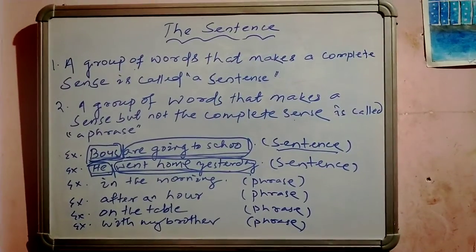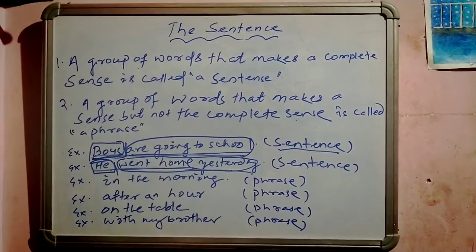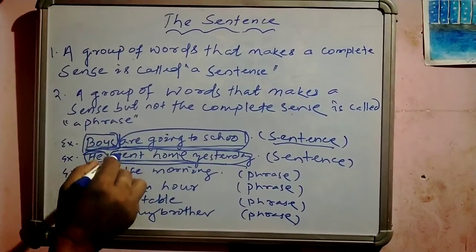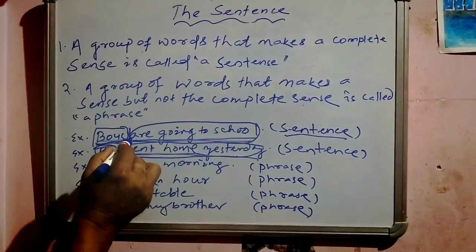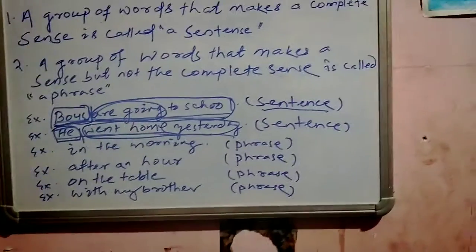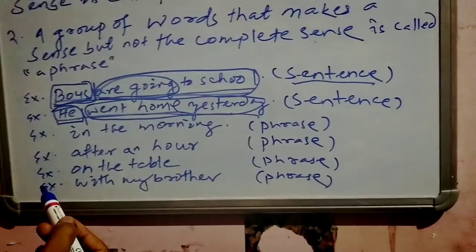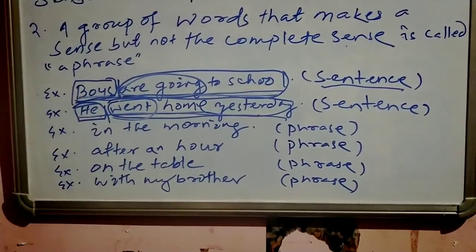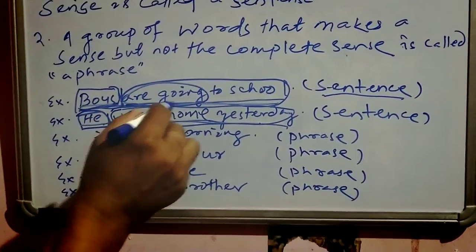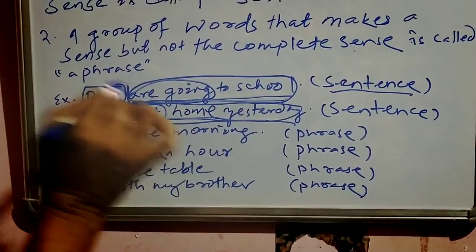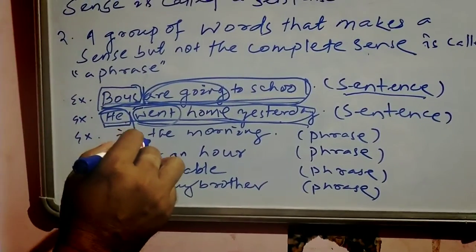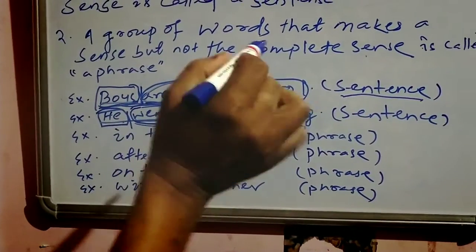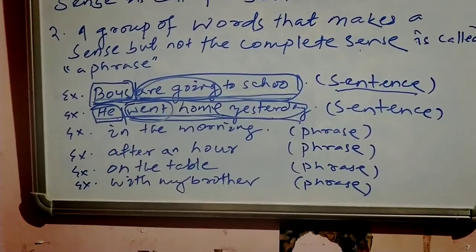So in the sentence we have a verb in the predicate part. In the first sentence we have a verb phrase, that is "are going," and in the second predicate part we have "went," the verb. So in the predicate part we have verbs, and also the subject part, to give a complete sense, so that it is a sentence.